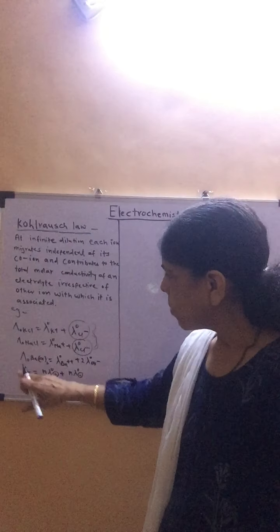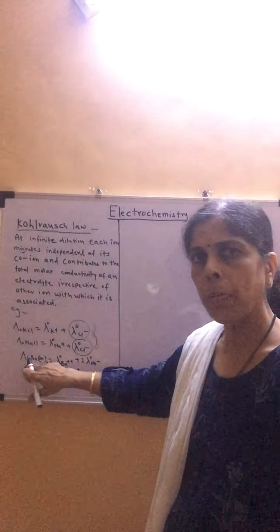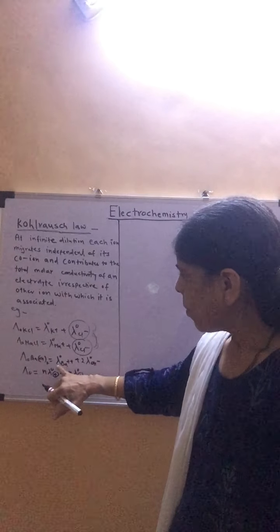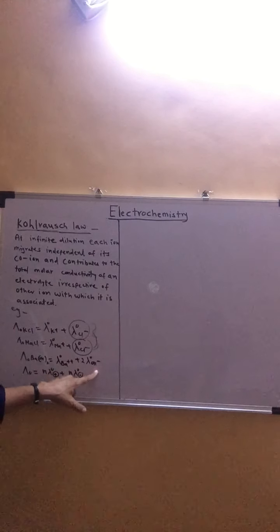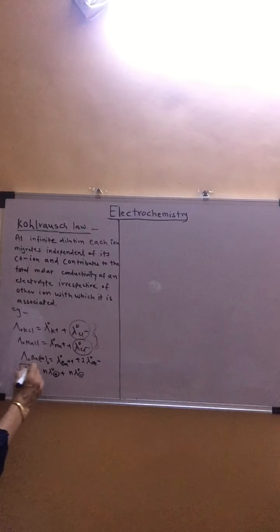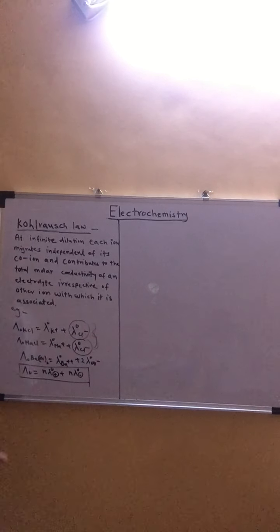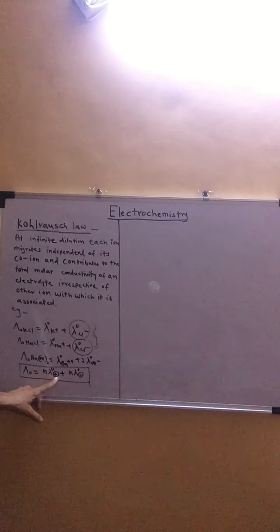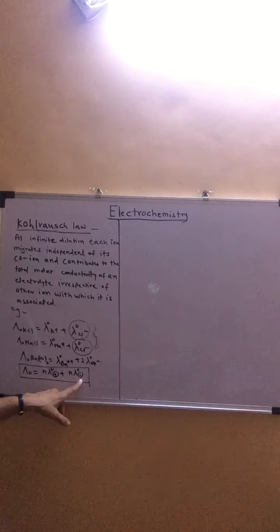One more example, lambda naught Ba(OH)2, molar conductivity at infinite dilution for barium hydroxide, is equal to lambda naught of Ba2 plus ions plus 2 into lambda naught of OH minus ions. See the equation carefully. So in general, lambda naught for any electrolyte is equal to n number of lambda naught cations plus n number of lambda naught anions.